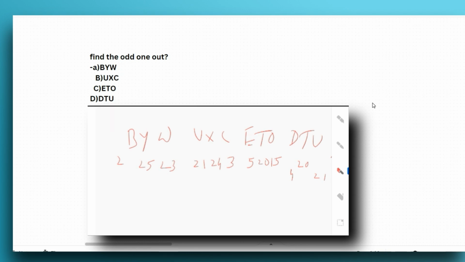So as you can see the pattern, 2 plus 23 is 25, 21 plus 3 is 24, 5 plus 15 is 20, and 4 plus 21 should be 25, but this is 20. So this is the odd one, right? So DTU should be removed from this pattern. That means you have to tick that. So DTU will be the correct answer.